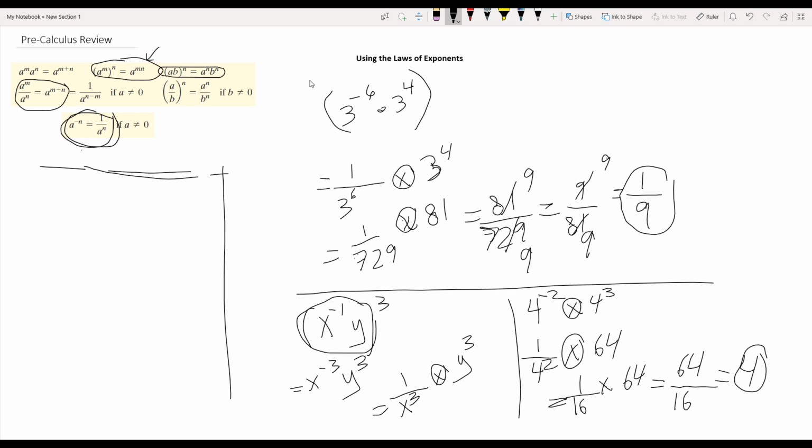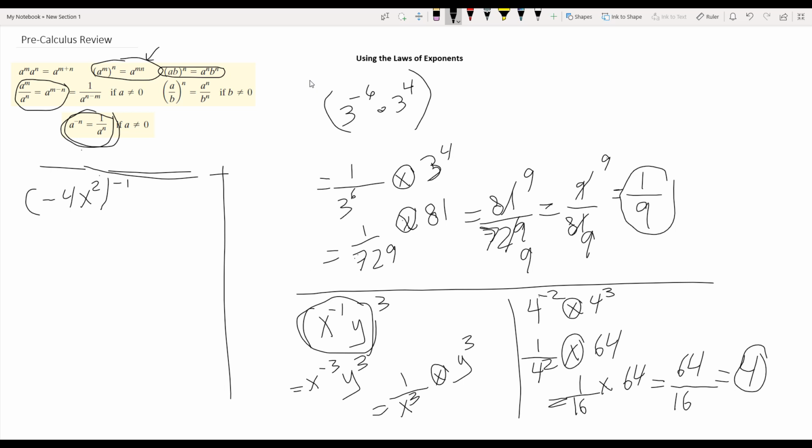So let's do the last one. I may be able to do another video in case you guys need any further assistance. Okay, so let's do the last one. We have negative 4x squared to the negative 1.